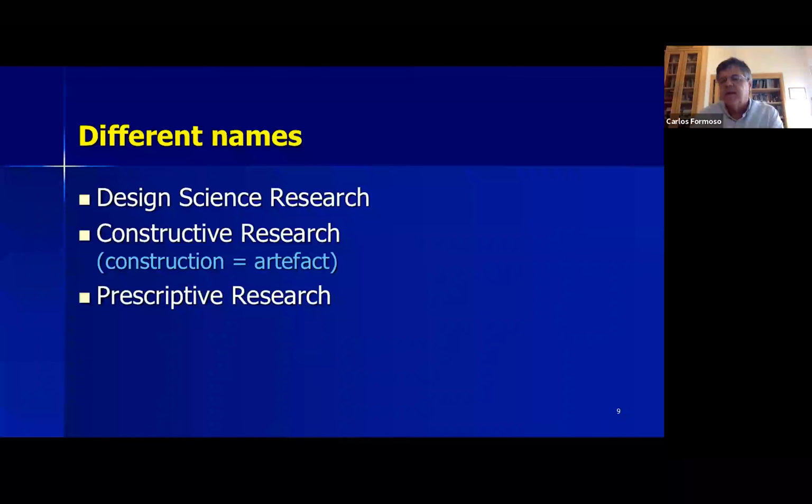The most common name used nowadays is design science research. Some people also call it constructive research. You find that in some papers. Constructive has nothing to do with the construction industry, but it's because in design science, you produce a construction as an artifact, right? And another name is prescriptive research.